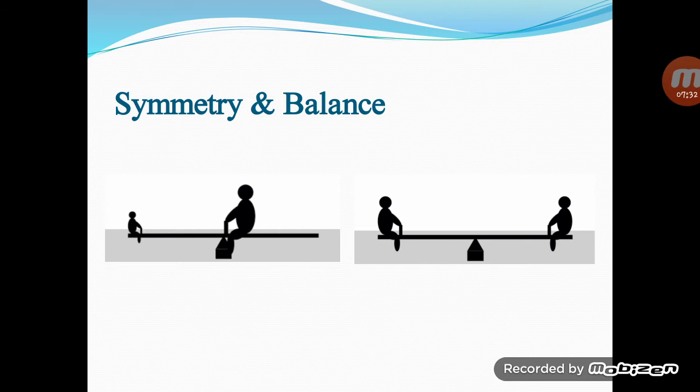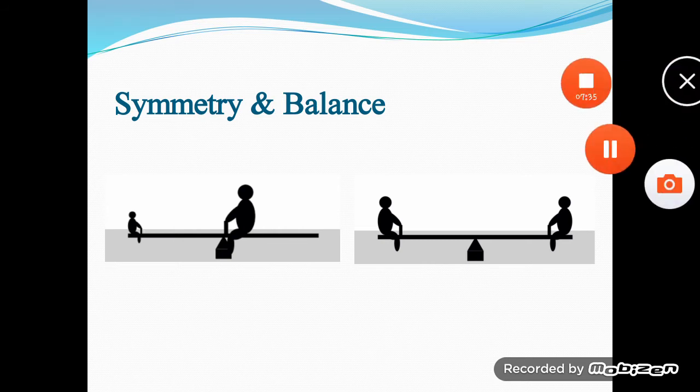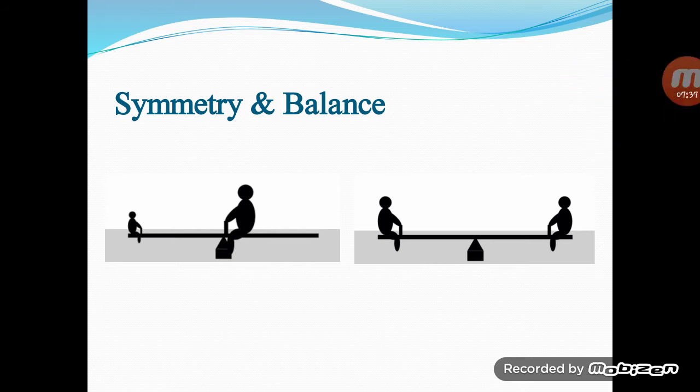Symmetry, balance. Just as a room would seem out of balance if all of the furniture were piled up on one side, a drawing must be balanced to be aesthetically pleasing, regardless of the actual physical weight.